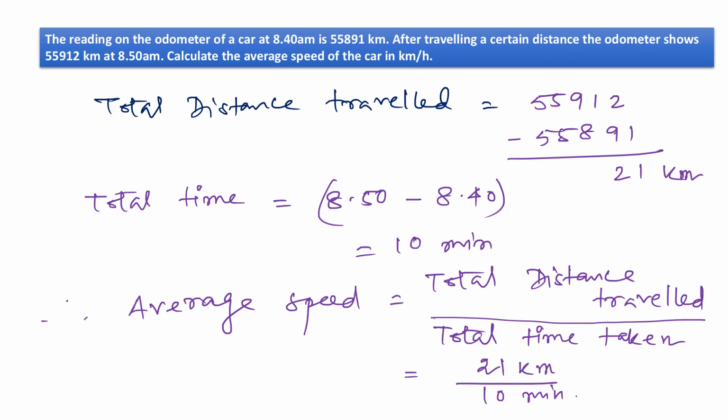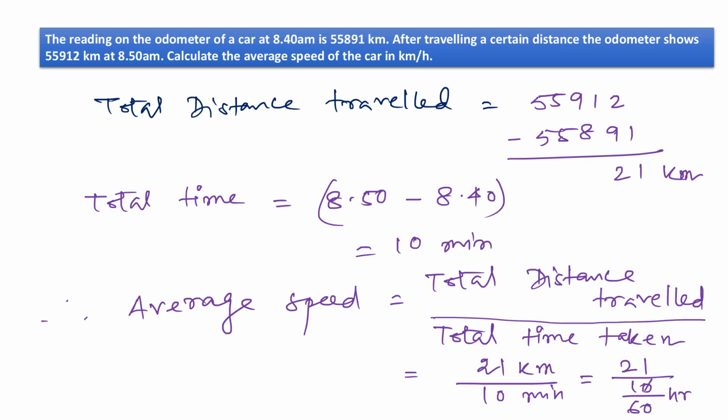So what I have told you is that whenever you have to convert minutes to hours, you have to divide the minutes by 60. So in this case I will write the expression as 21 divided by 10 by 60 hour. Okay, 10 by 60 means how much?